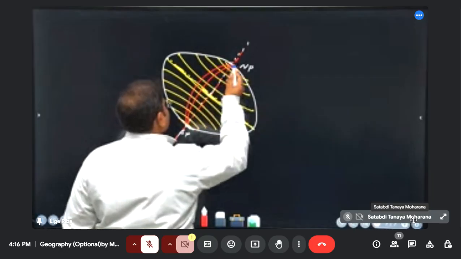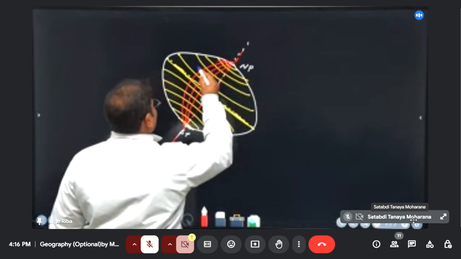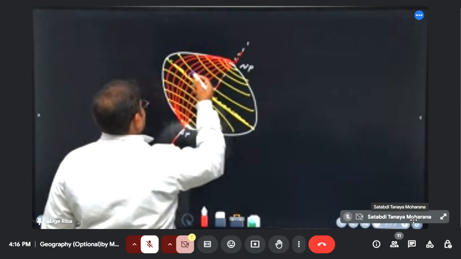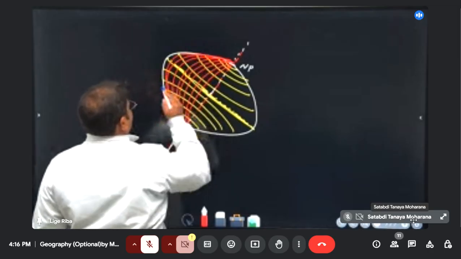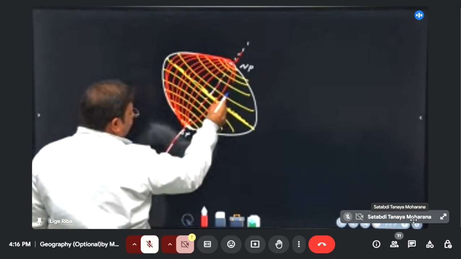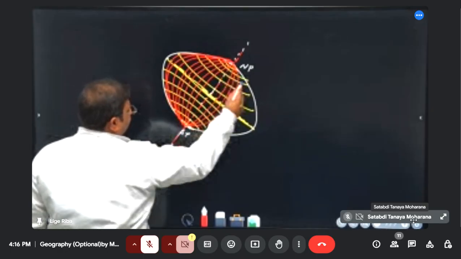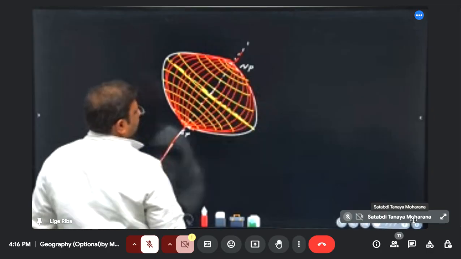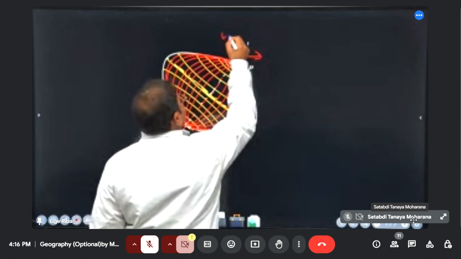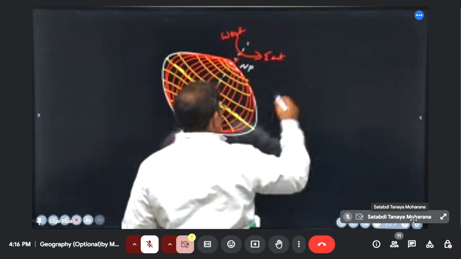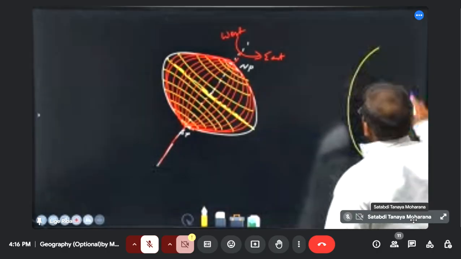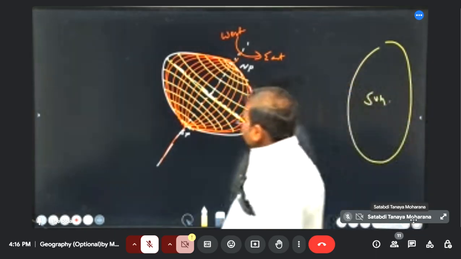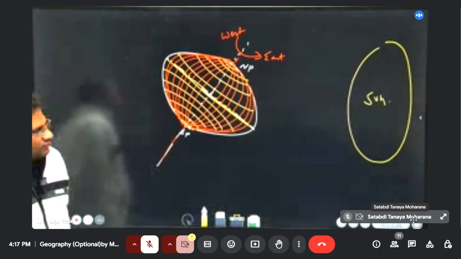So there is a grid of latitudes and longitudes over the tilted Earth. Earth is rotating from west to east, and there lies the big sun. This is the reality over Earth: latitudes and longitudes.